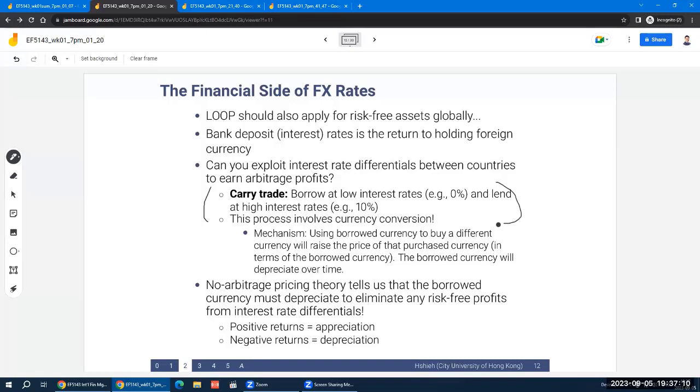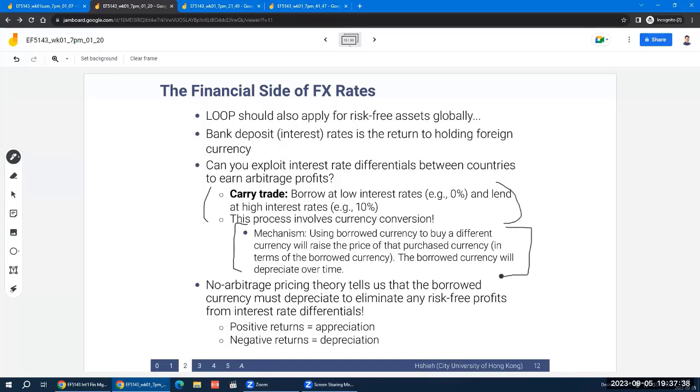But just based on that description, I kind of already gave away the problem with this trading strategy, right? If exchange rates change, then it could undermine this trading strategy. If I use the borrowed currency to buy a different currency, this will raise the price of the purchased currency, and so the borrowed currency will depreciate over time.